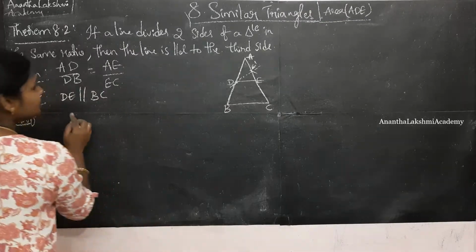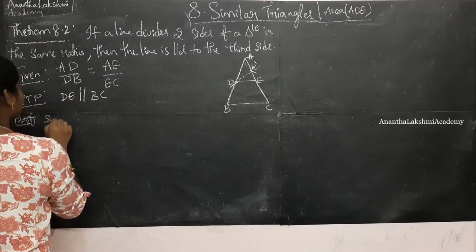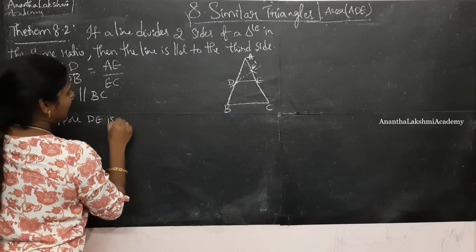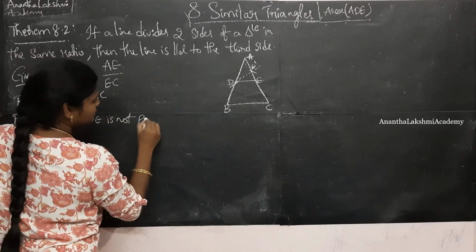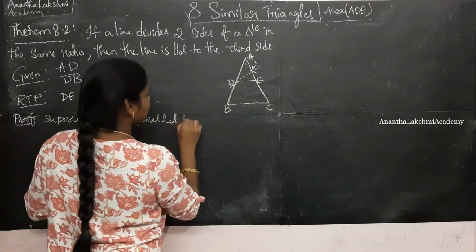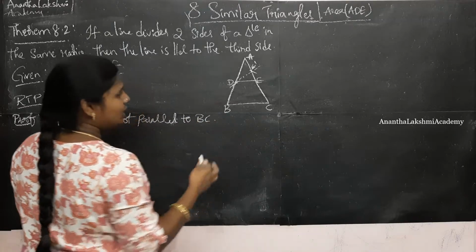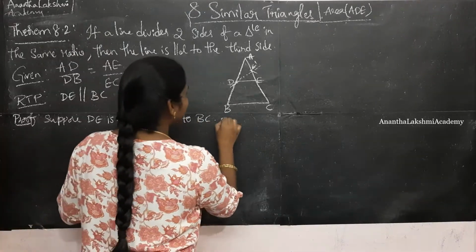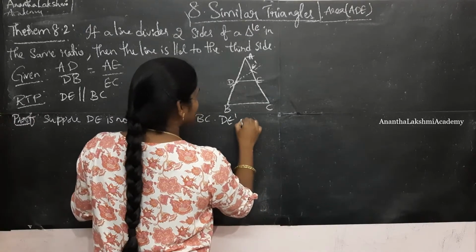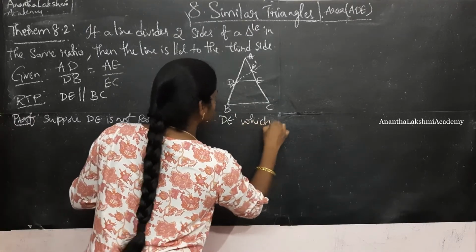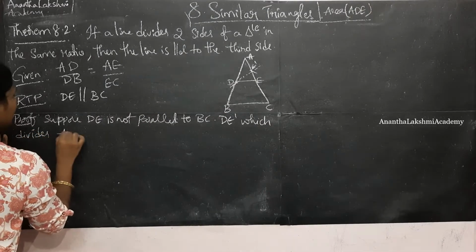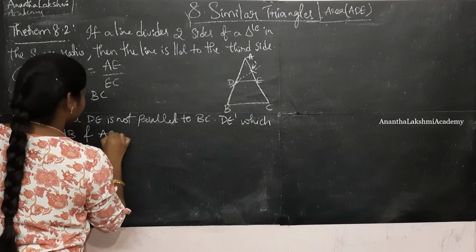So here, what I am trying to do is assume, suppose, DE is not parallel to BC. So let me assume that DE dash is a line which divides AB and AC respectively. Okay.